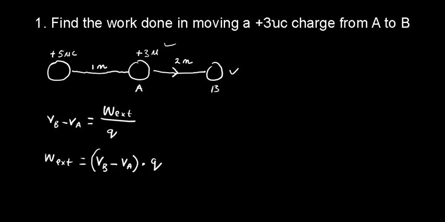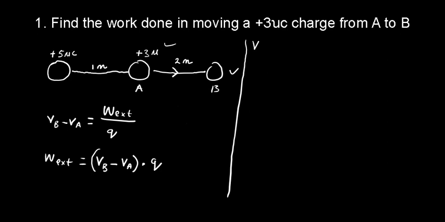So what we are going to do now is find the potential at B and also the potential at A. Okay, let's look at the potential at A first, that is VA.